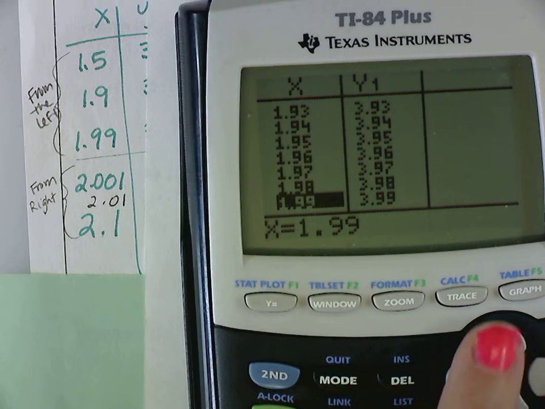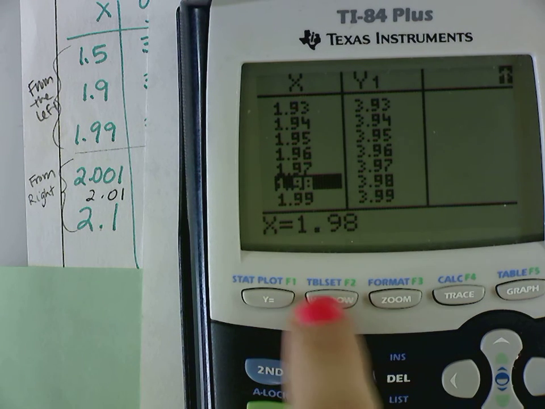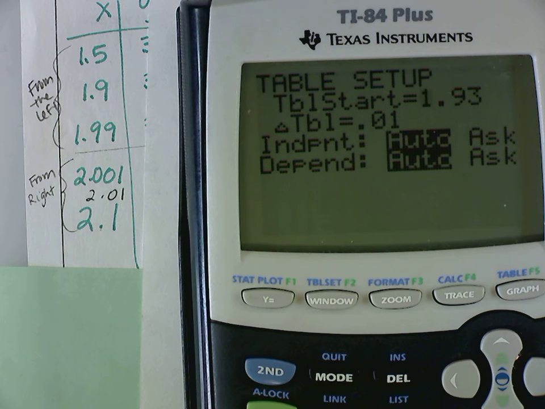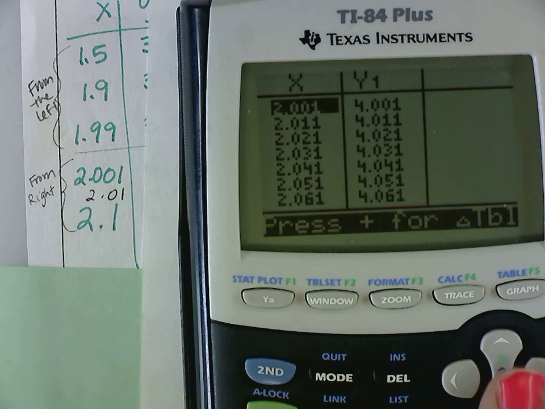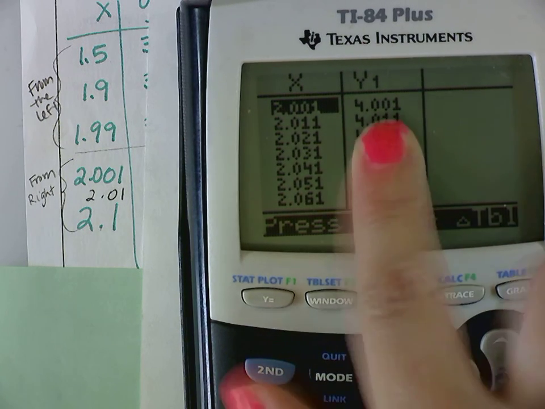And then at 1.99, okay, I'm at 3.98. Okay, so then I'm going to write those down for my y values. So, okay, let's say I'm jumping over here to 2.001. So I can jump back to the table and get the 4.001.